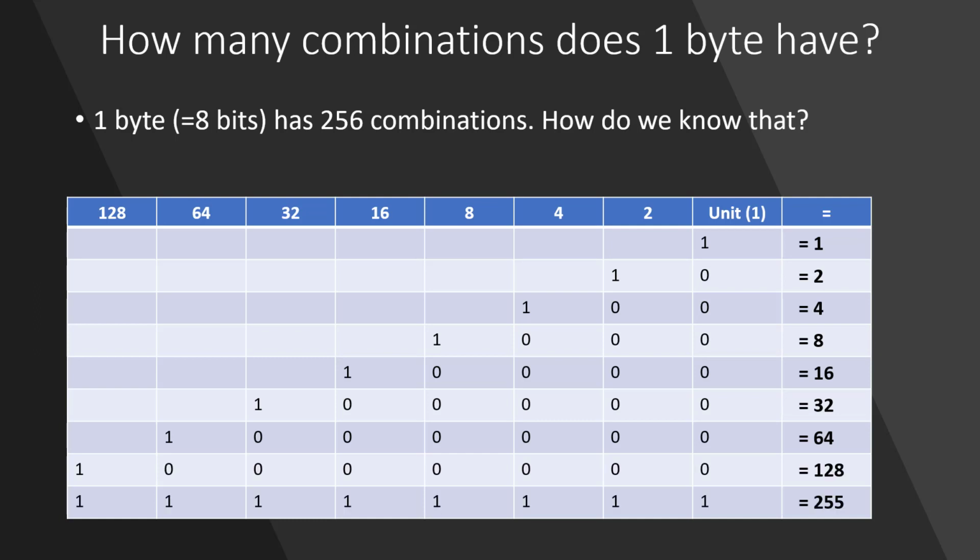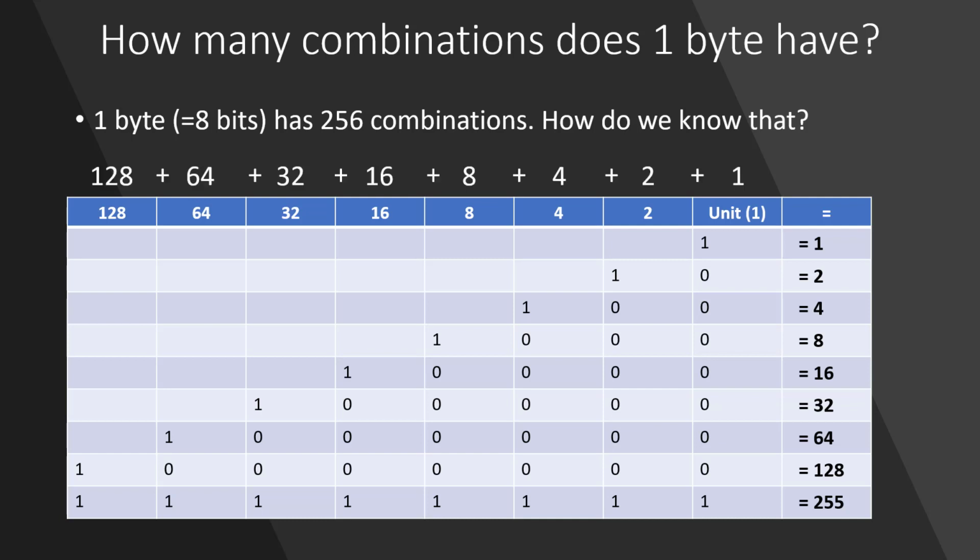Now if we fill all those 8 positions, if you have a look, if we have a 1 in the furthest column, it means we have 128. And if we start filling in all the other columns, 1 in the 64 column, 1 in the 32 column, 1 in the 16 column, 1 in the 8, 1 in the 4, 1 in the 2 and 1 in the 1, these add up to 255.